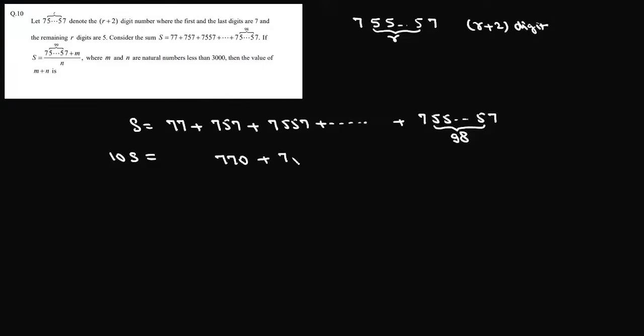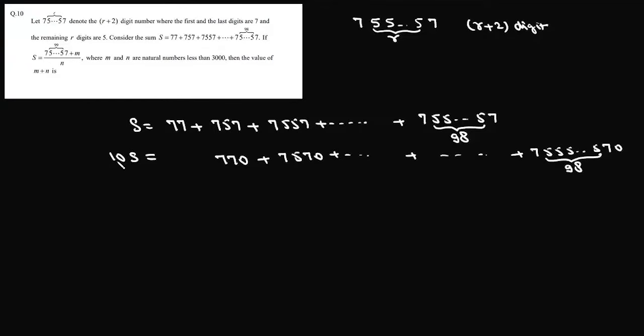Here it will be 7570. And this term here will be 755570. So here we have 98 5s and then we have 70.